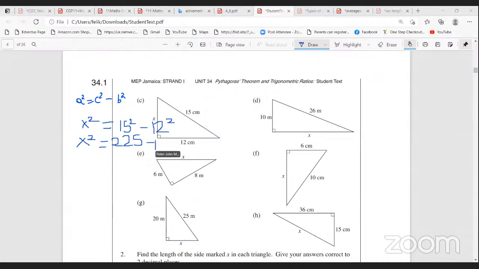12 squared is 144. Alright, x squared equals 121.